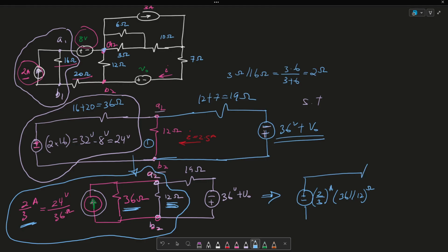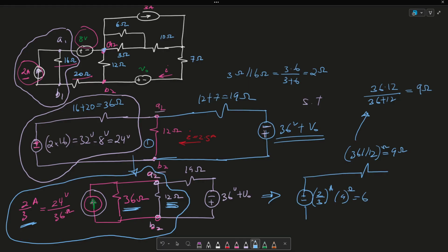And then that's going to be in series with, again, this 36 in parallel with 12 ohms. And if I take a little detour, this is 36 times 12 over 36 plus 12, which is essentially 9 ohms. So this here is 9 ohms. Let me go ahead and erase this and just say times 9 ohms.